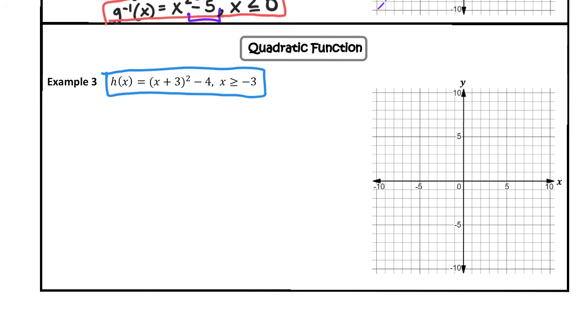Right, so let's find the inverse. Change the function name into a y, and then switch the x and the y.